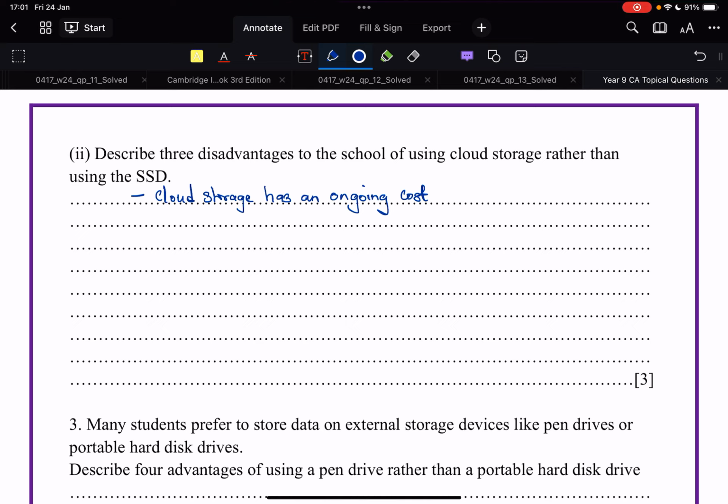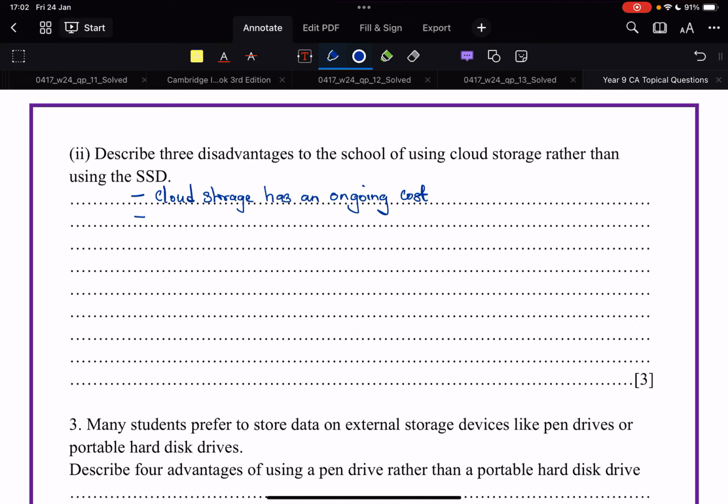Okay, so every month you keep paying, every month is an ongoing cost in maintaining the cloud. And this is something you would not see when it comes to the SSD, because once you buy it, you just buy it. You're literally not going to be paying for the SSD. But for the cloud, it has an ongoing cost.